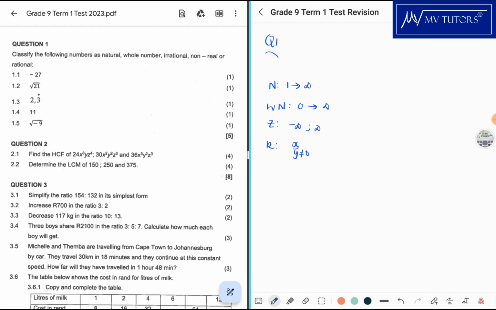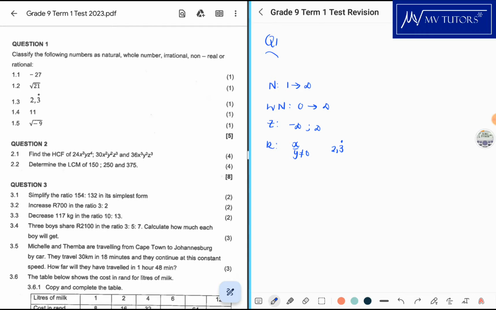They can also be recurring decimal numbers. Remember, recurring is if you have a number, let's say 2.3, and the 3 is recurring. It keeps occurring. That's what recurring means. Those are your rational numbers.